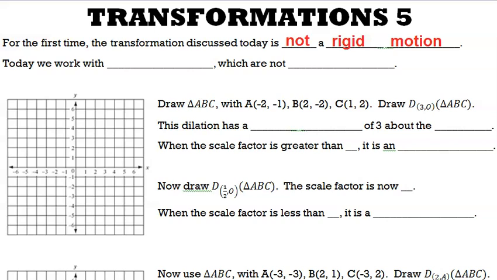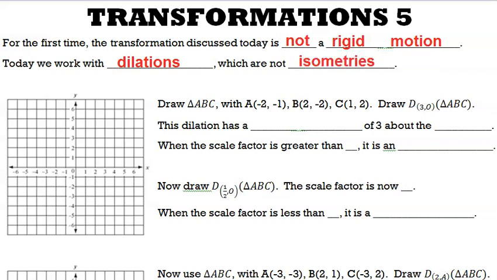Today we are working with dilations. I don't really know why people always say dilation as if somehow there's an extra A in it. It's just dilations. And dilations are not isometries.